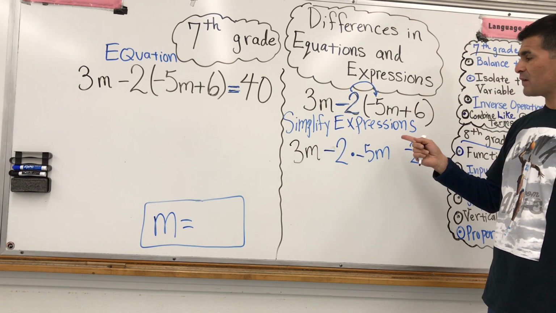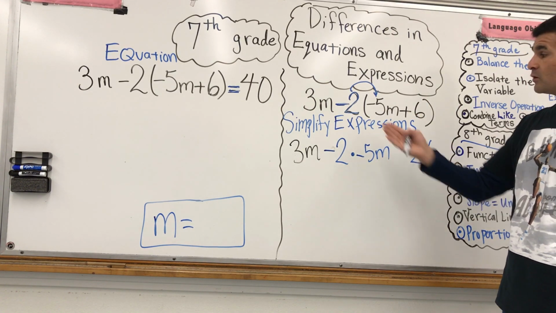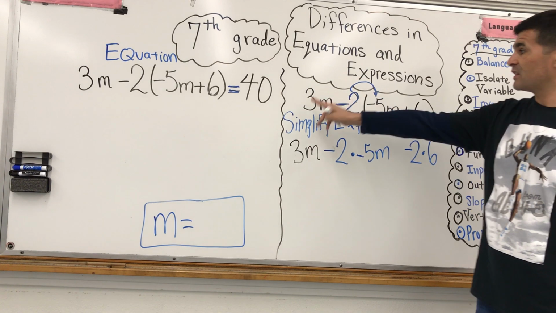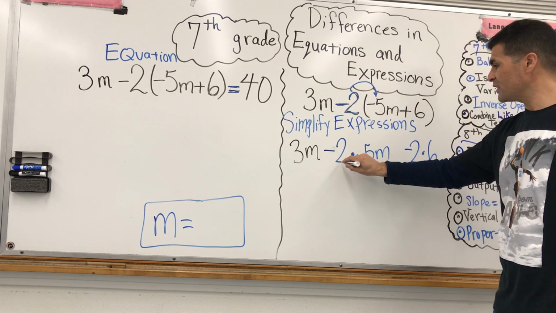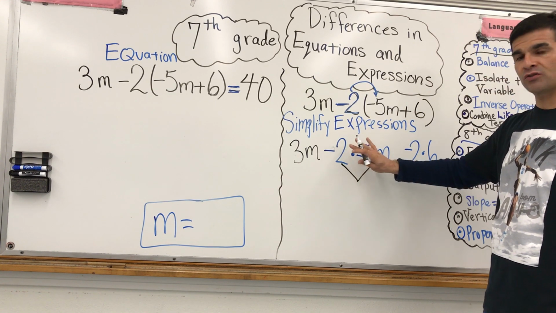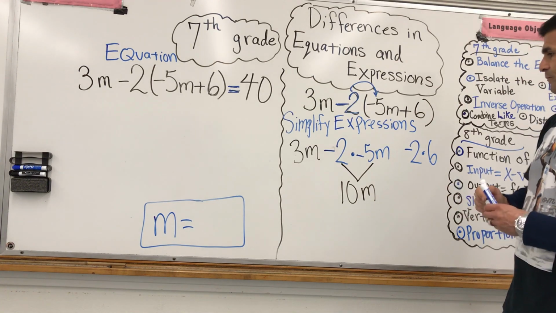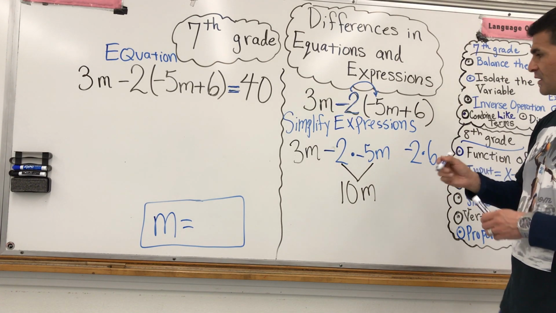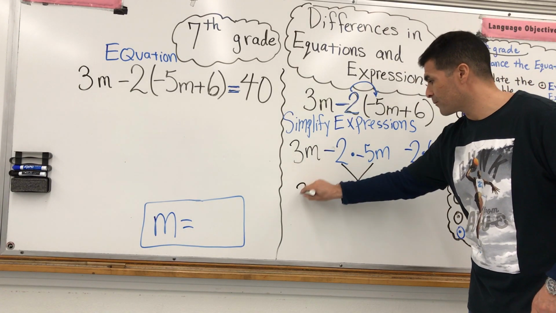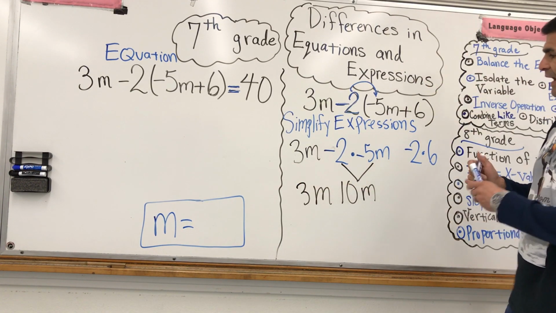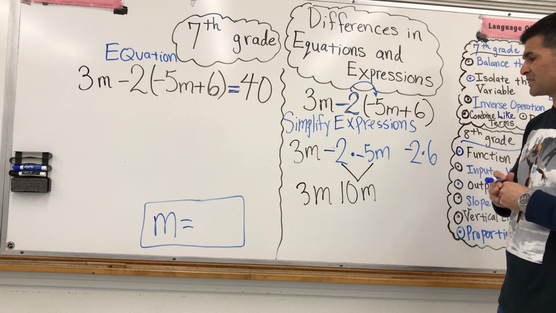You can see that these blue parts are what actually used the distributive property. This black part is what didn't change. This right here is going to give me a new term, 10m. And this 3m, I'm just going to bring on down. Now, I know a lot of you get caught up with where to put plus signs.